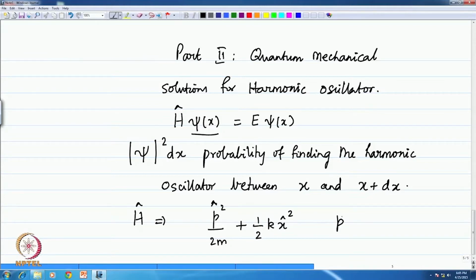And in quantum mechanics, in this case p is to be replaced by the standard representation in coordinate with the derivative, minus i h bar d by dx. It is one dimension, so we do not need the partial derivative.